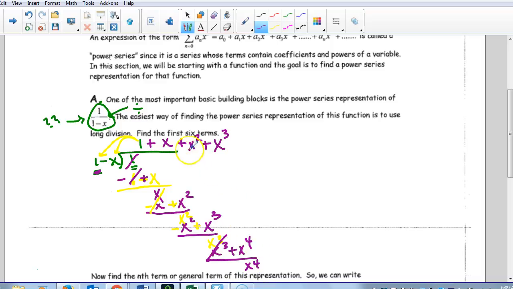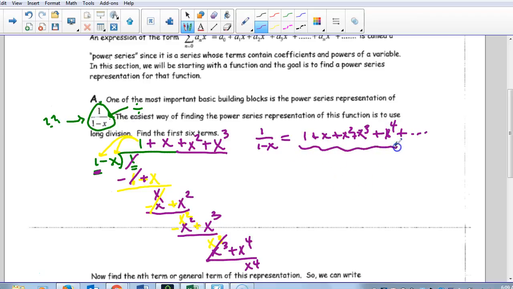If I continued this power series, 1 over 1 minus x, which is just a regular function, can be rewritten as 1 plus x plus x squared plus x cubed plus x to the 4th, hopefully you can read this, plus blah blah blah, keep on going. If I wrote a rule for this, it would be x to any power, right?